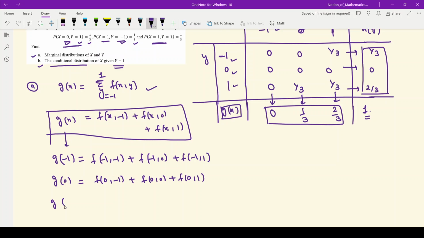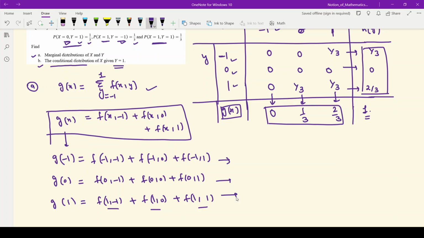If I use x equal to 1 here, it is f(1, -1) plus f(1, 0) plus f(1, 1).